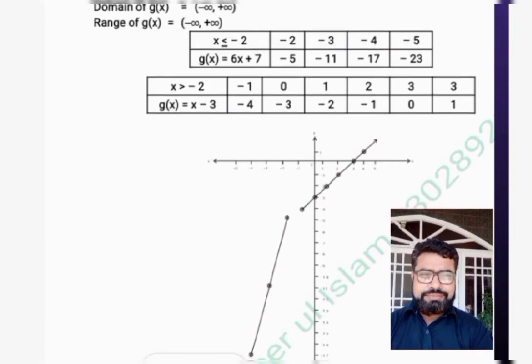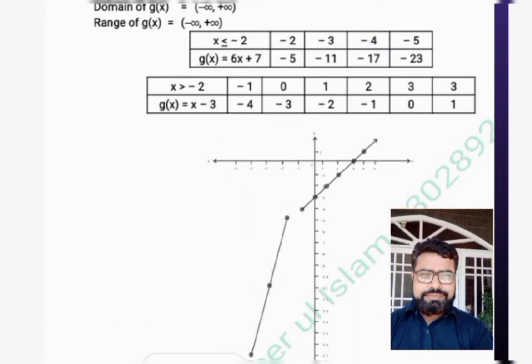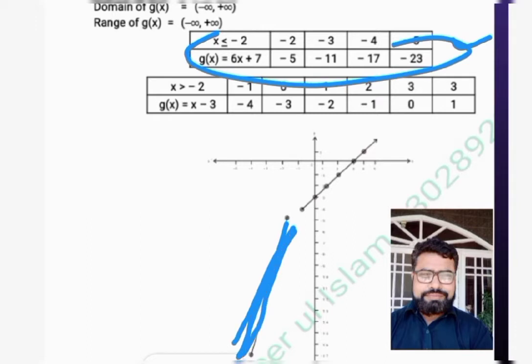If you put minus 4, the value of x is minus 4, and the value of y is minus 17, here is minus 17. So we have plotted a point here. Now we will join these 3 points. So the graph of this function is plotted here.